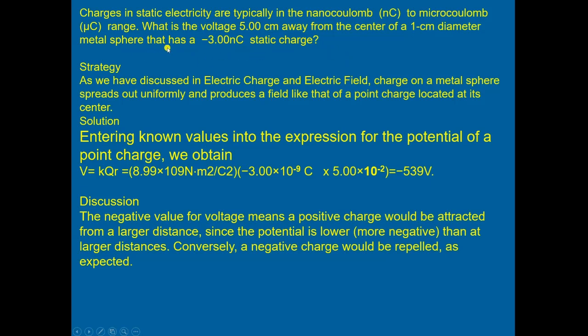Read this question again. It says that electric charge in static electricity typically varies from nanocoulomb to microcoulomb. And what is he asking? What is the voltage? The voltage has to be calculated 5 centimeter away from the center of a 1 centimeter diameter metallic sphere.